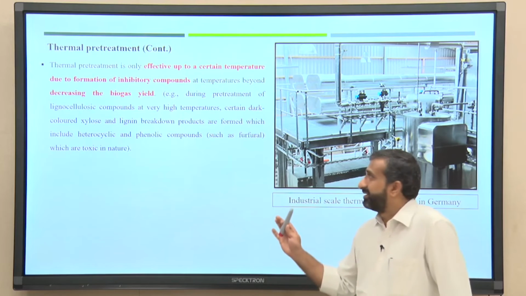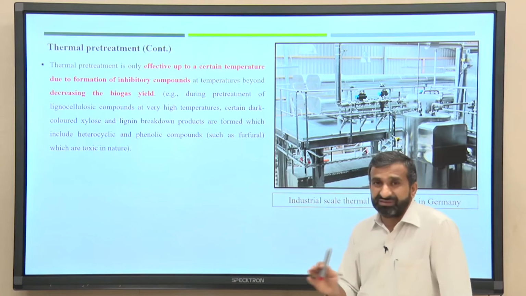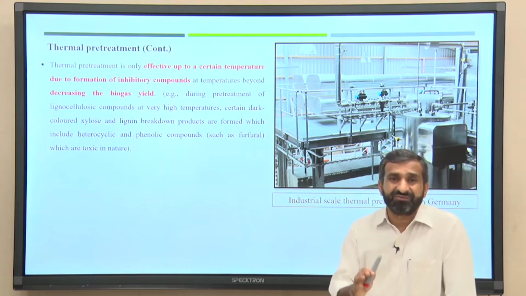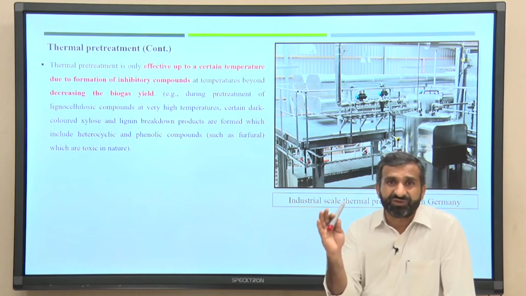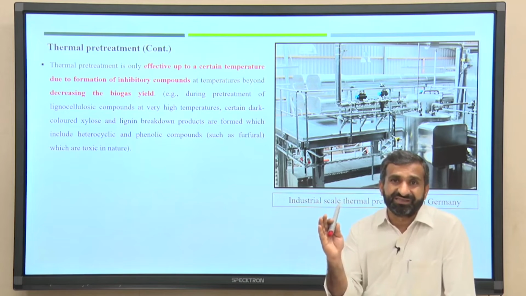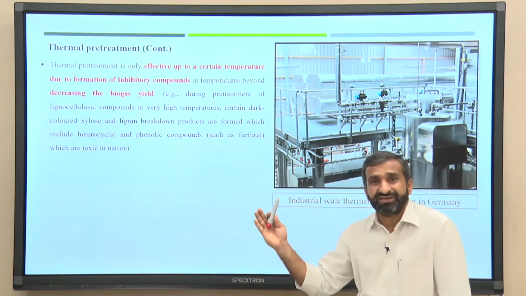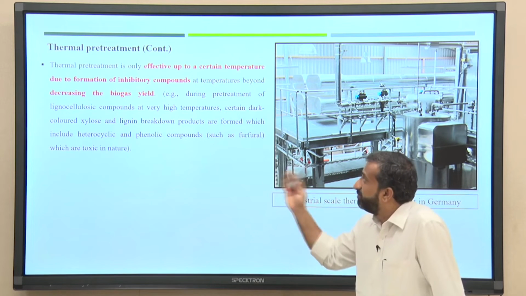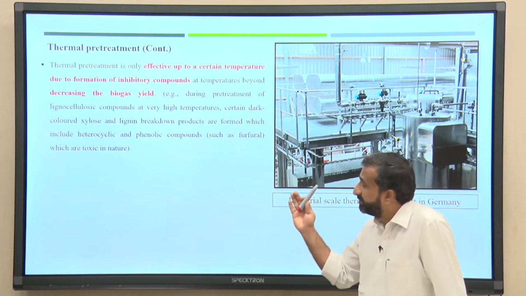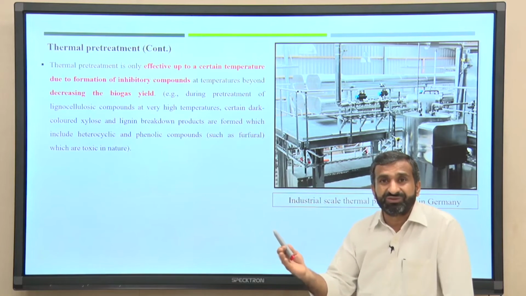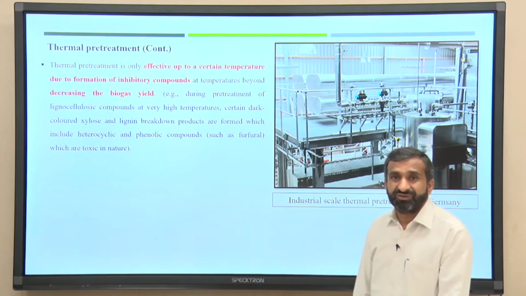The temperature is only beneficial up to one particular point, and beyond that there could be formation of inhibitory compounds, and because of these inhibitory compounds your biomass yield will also be reduced.